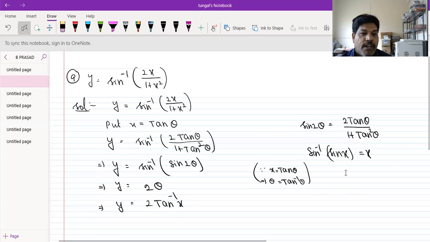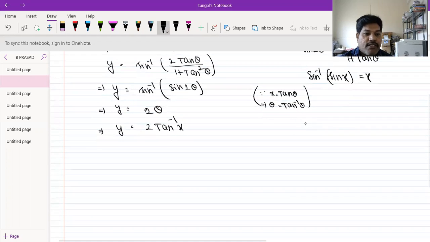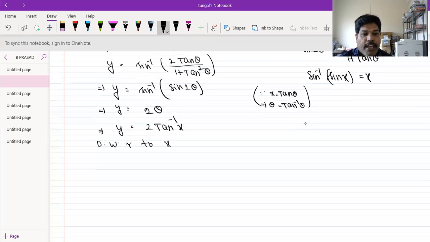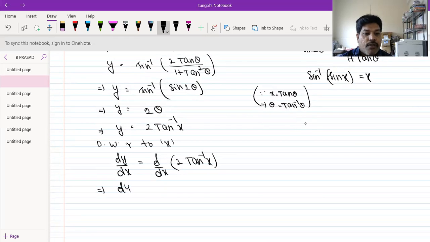After getting this y value, differentiate with respect to x. dy by dx is equal to the derivative of 2 into tan inverse x, so dy by dx is equal to 2 into the derivative of tan inverse x.